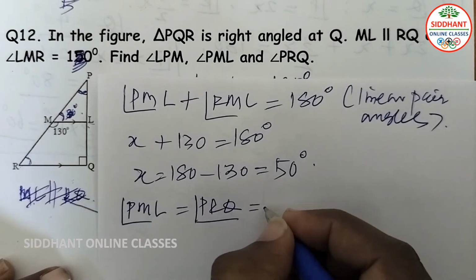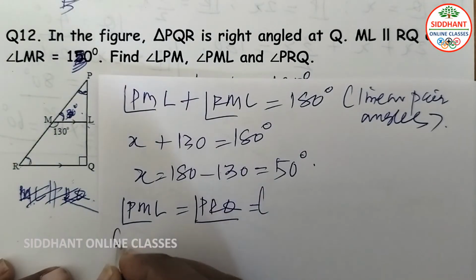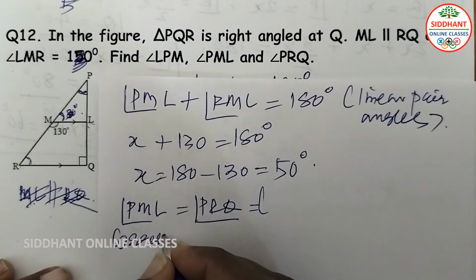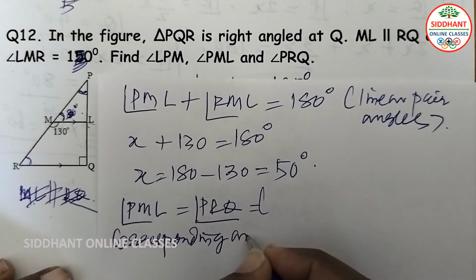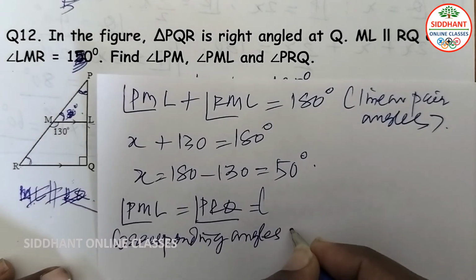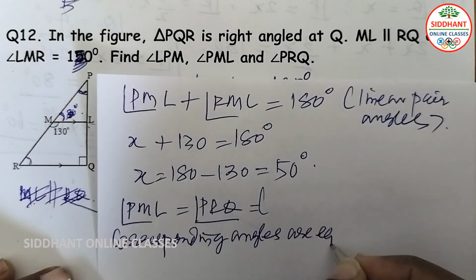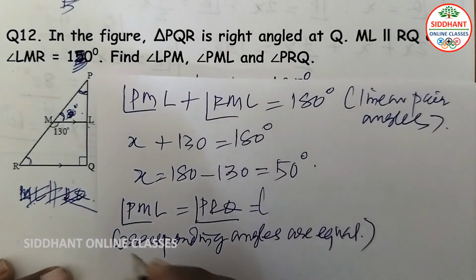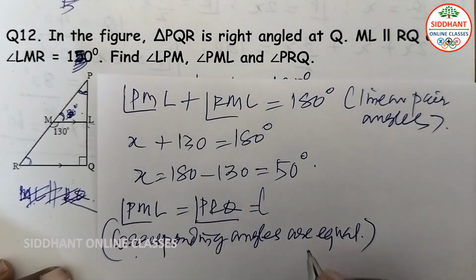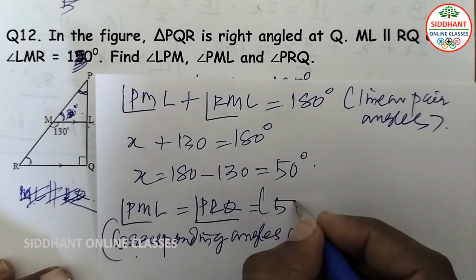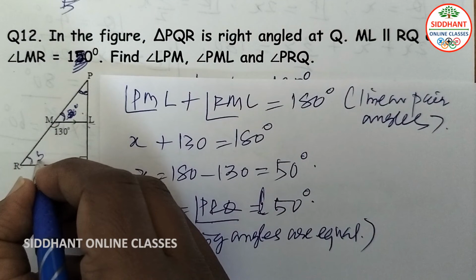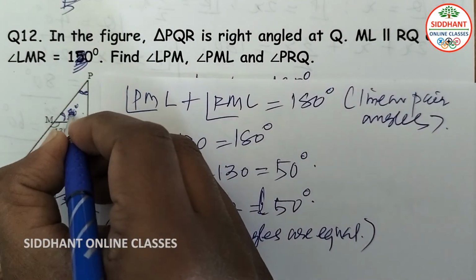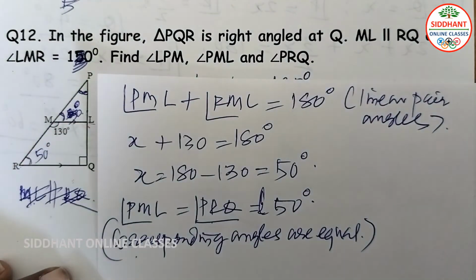These two are equal because corresponding angles are equal here. So that means this angle is also 50 degrees, where PRQ. So this angle is also 50 degrees. This is 50 degrees and this is 50 degrees here.